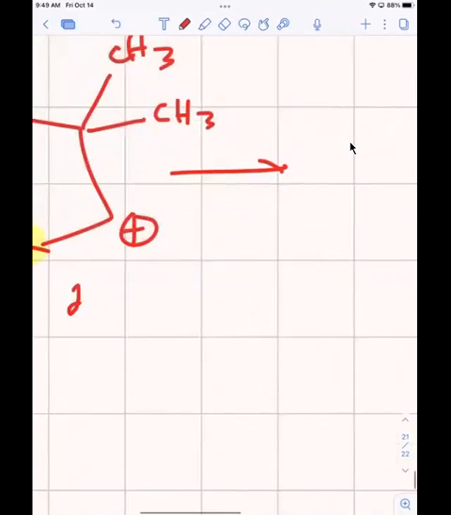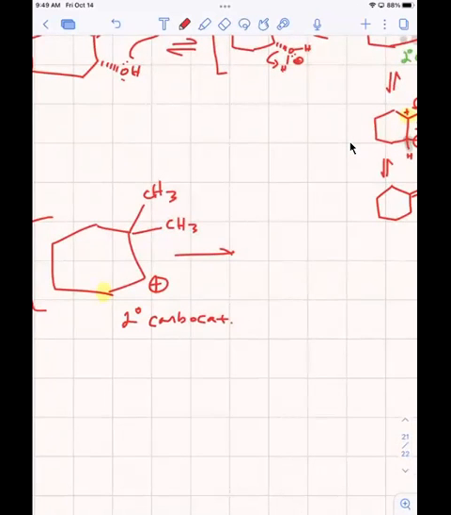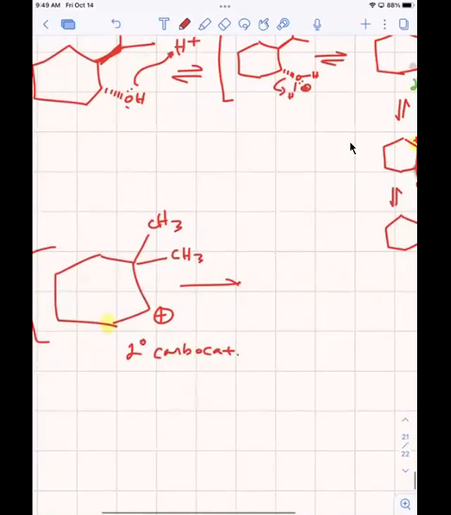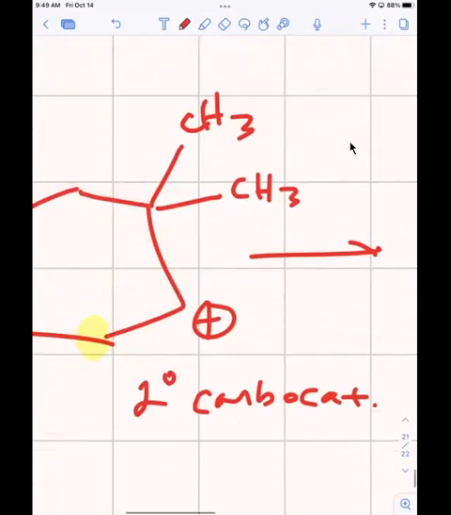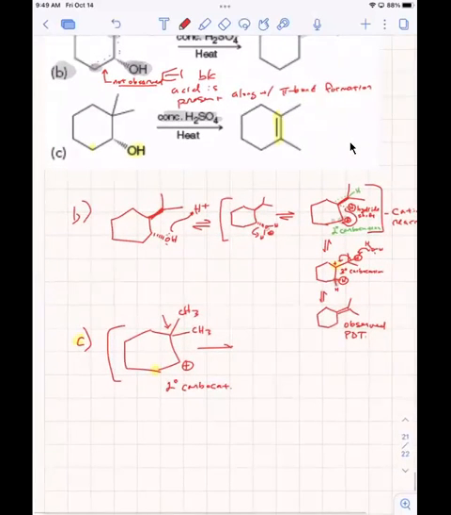So here, what can we do to convert that? Because this is a secondary. What can we do to make it tertiary, make it more stable? Right, because obviously the plus charge is going to be here at some point in order to observe the product that we see.